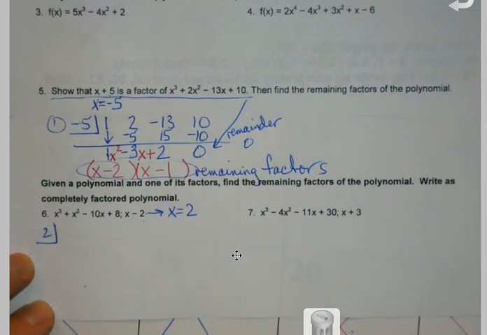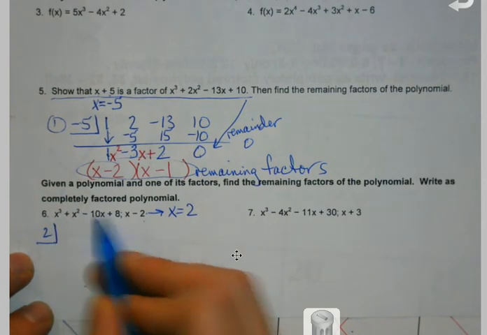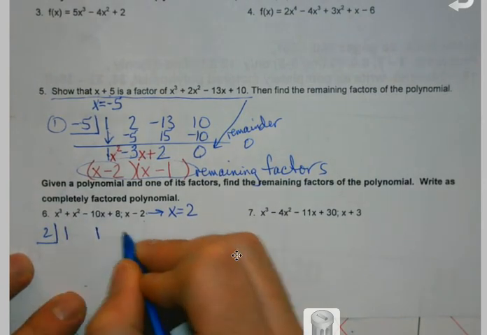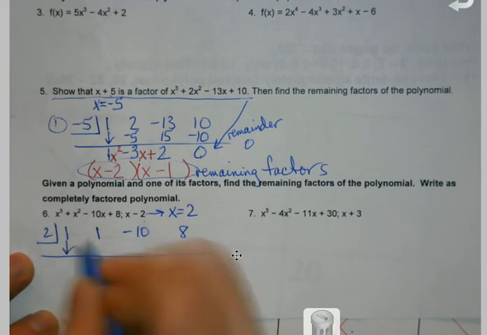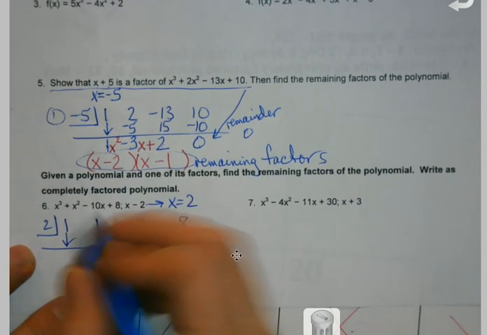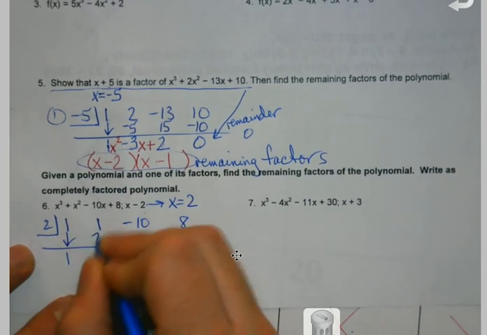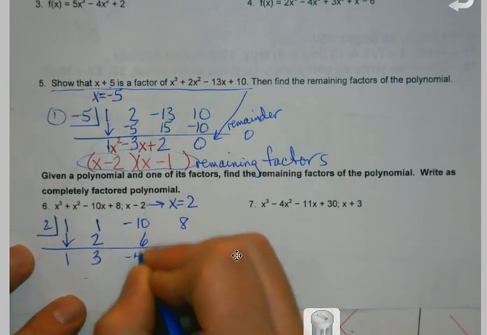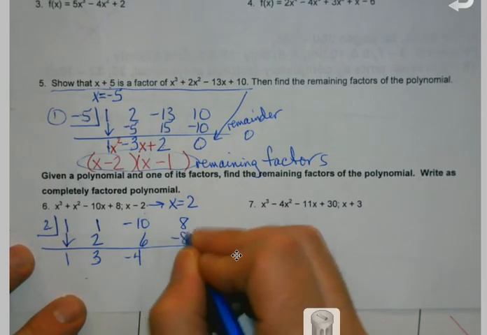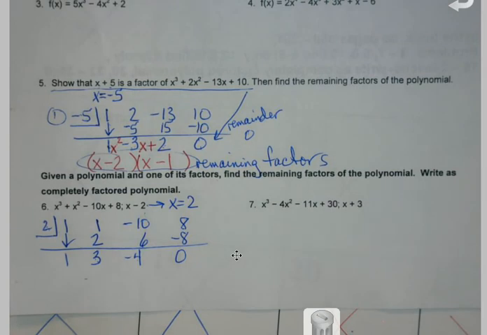So that goes in my box. 3, 2, 1, 0. Okay, no zeros again. And I'm just going to run through a synthetic division. And again, it's just multiply and add. Should get that 0 on the end if it's truly a factor, and it does.